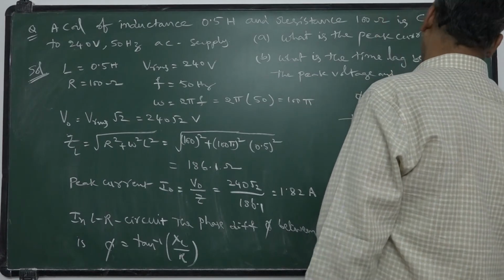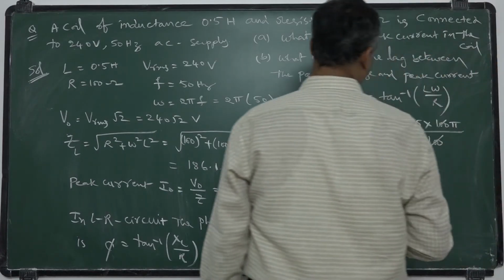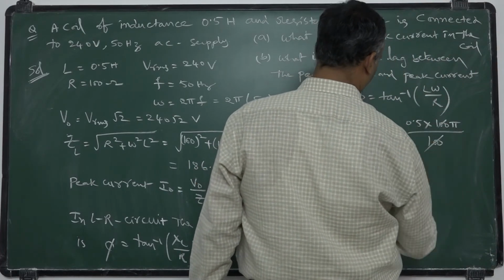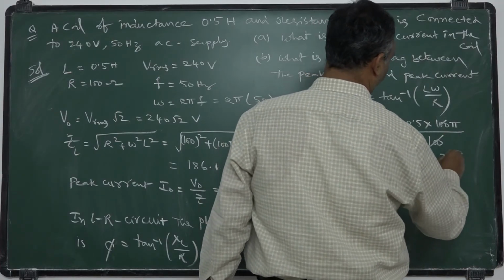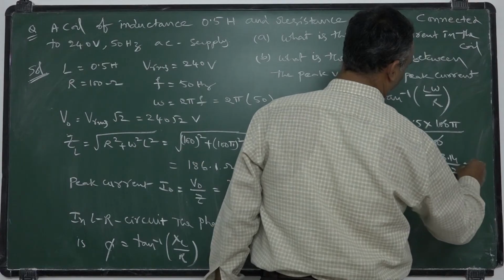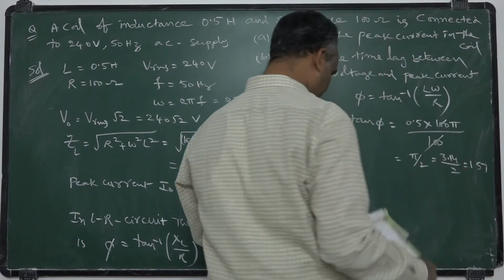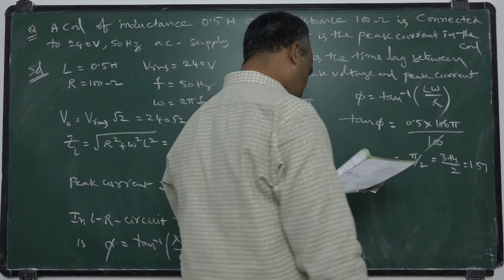Resistance is 100 ohms. This 100 gets cancelled. This is 0.5 pi, that is pi by 2, that is 3.14 by 2, 1.57.